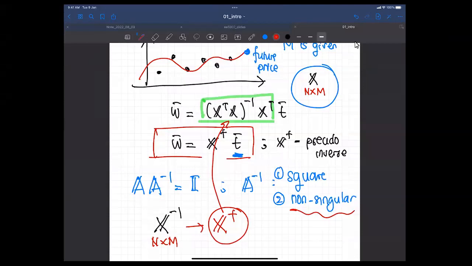Exactly. There's no singularity that I want to mention, it's only the form of the left and the right inverse. So next week, hopefully, I have time to explain overdetermined and underdetermined systems. Unfortunately, I don't have time.